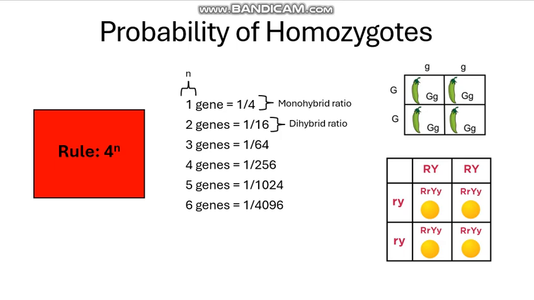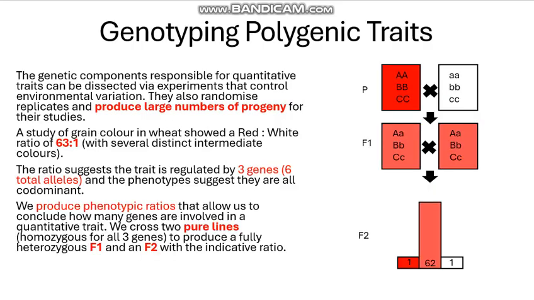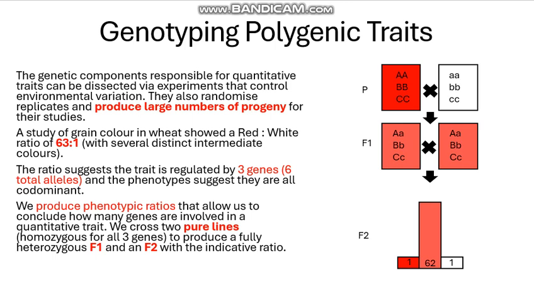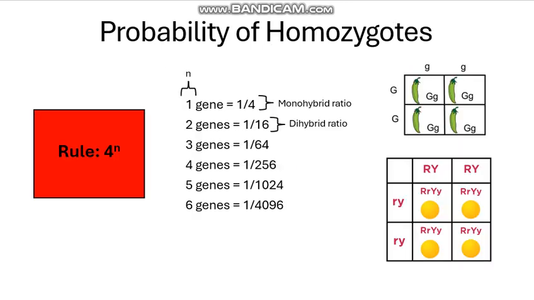So you might be wondering how we're able to figure out how many genes are responsible. So how we're able to infer this kind of ratio that we get from this F1 cross to produce an F2, the ratio of the F2, basically we're able to determine how many genes are there because it follows a very simple rule.